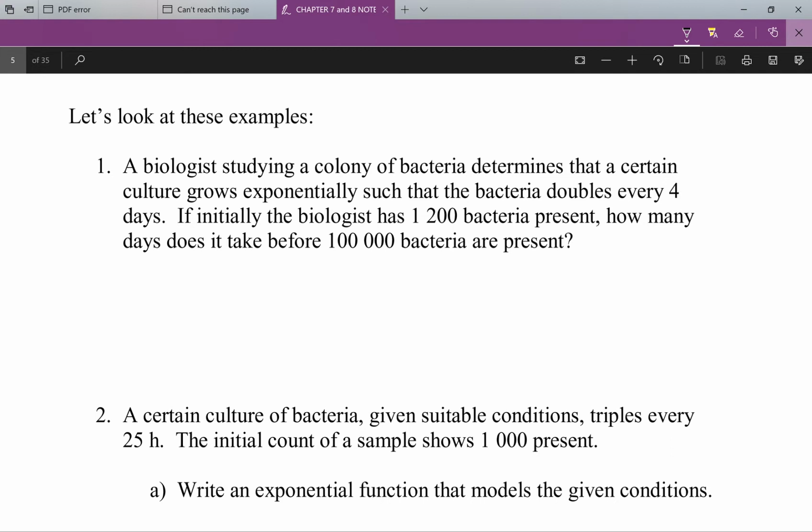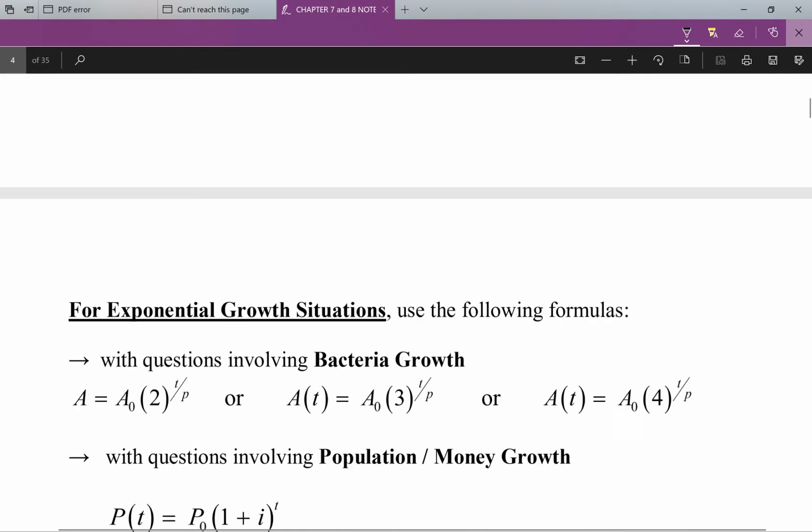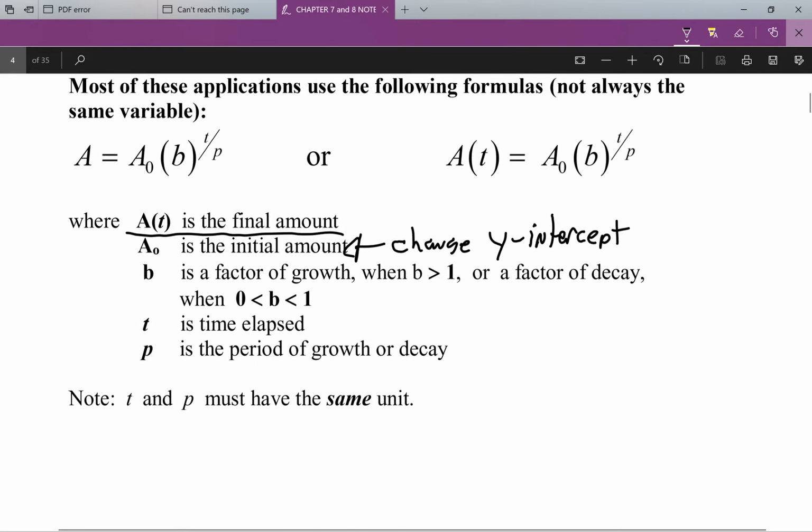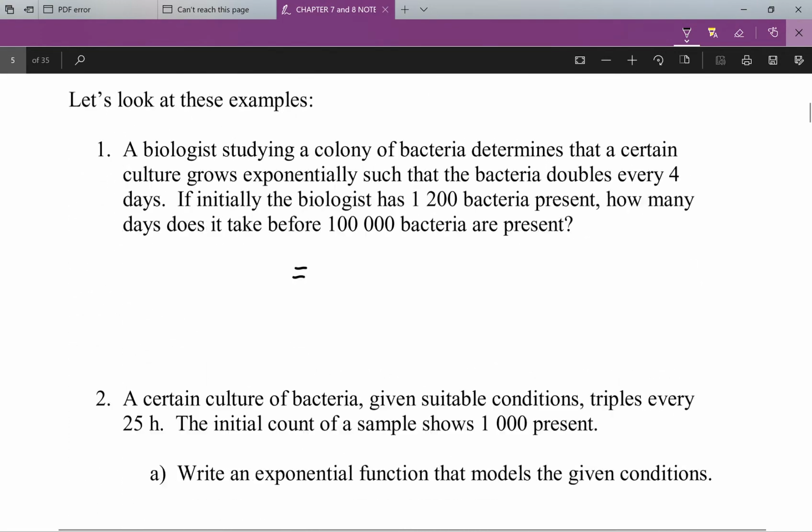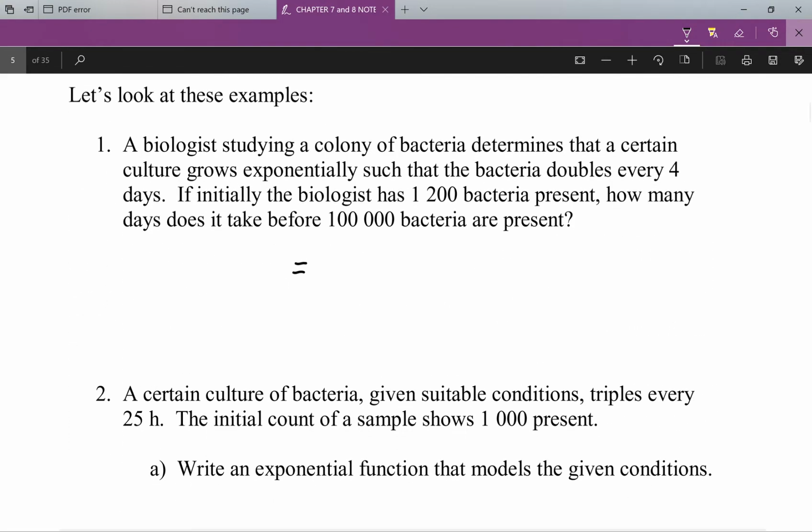Well, let's start to build our formula here. Going back, what we have is A equals A naught B to the T over P. So I go A equals A naught multiplied by B to the power T over P. My initial value is 1,200, so I put 1,200 in for the A naught.